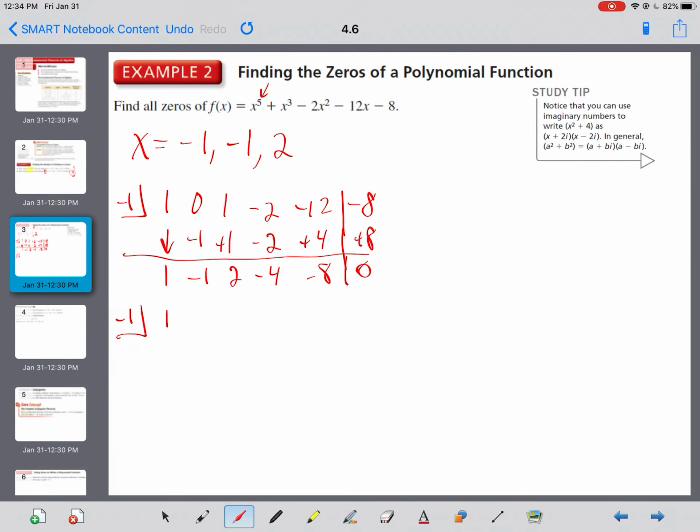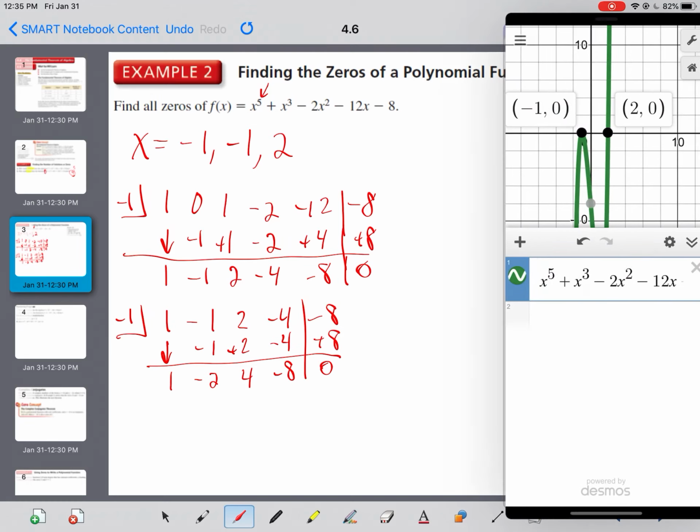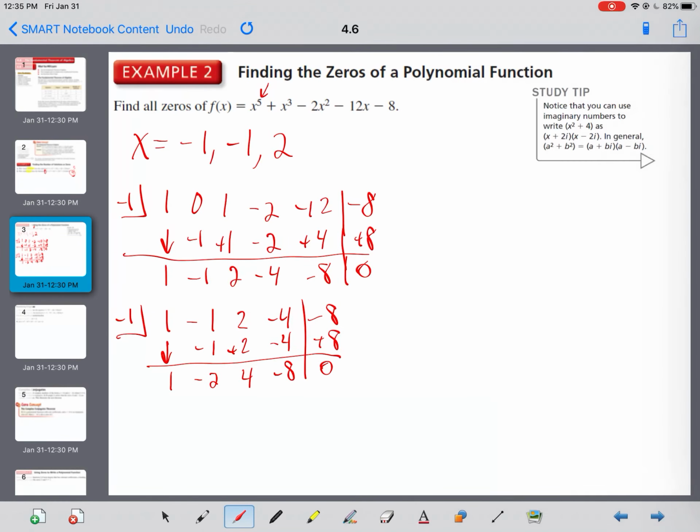Immediately turn around and just take those numbers and do it again. -1 times 1 is -1. That makes -2. Positive 2 makes 4. -4 makes -8. Positive 8 goes 0. We expect a 0 because it was used.